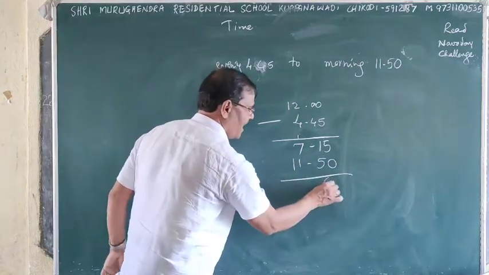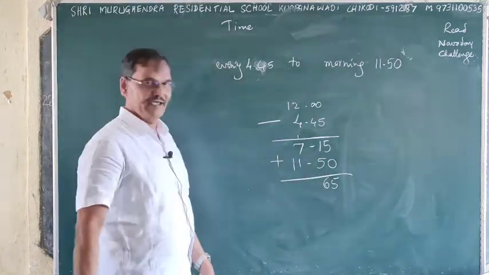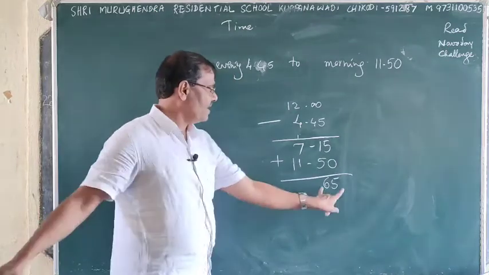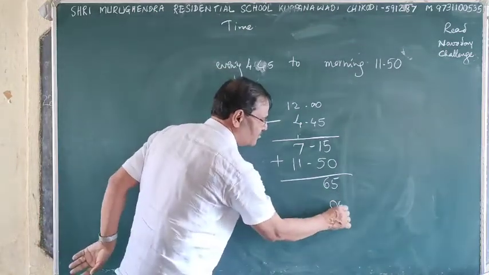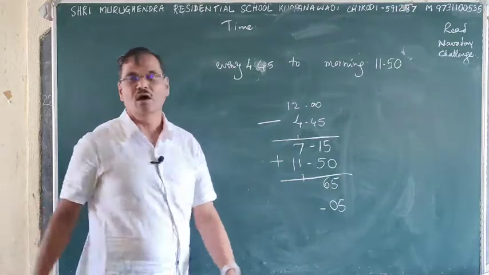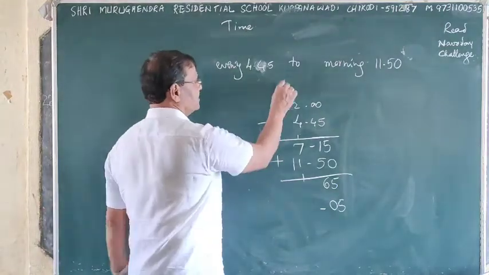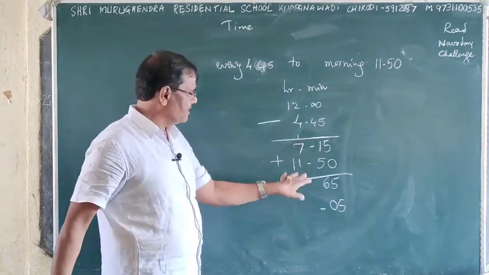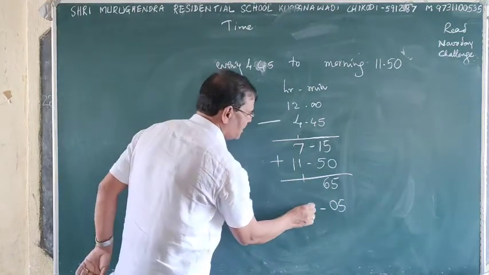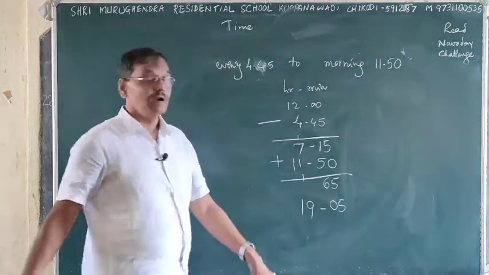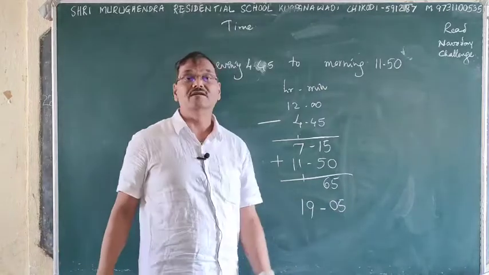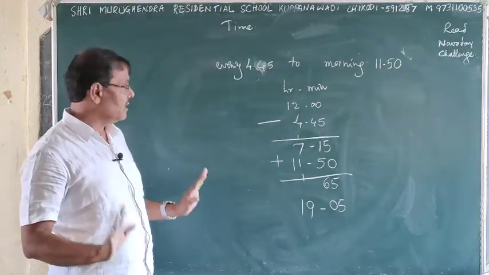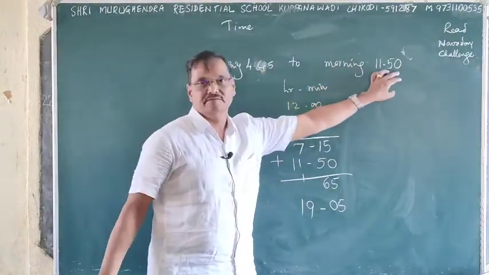This is 65 minutes and we can't write that, so we are reducing that 50 and raising it to the hour place. This is hour, this is minute, and this is nothing but 19 hours 5 minutes, the difference of these two timings.